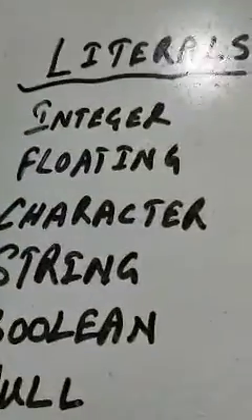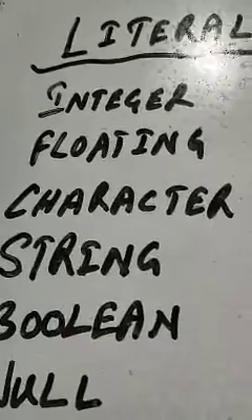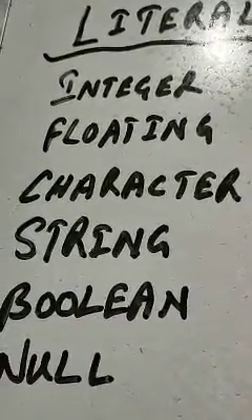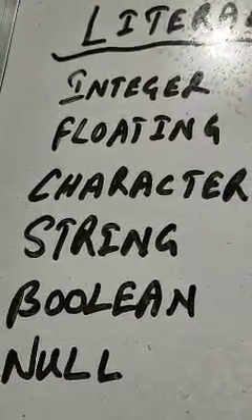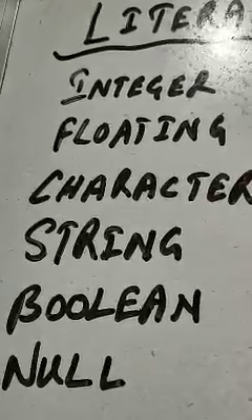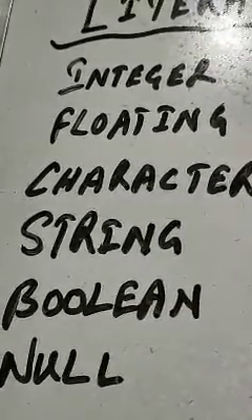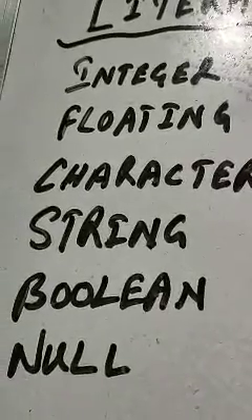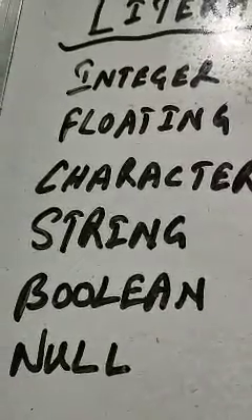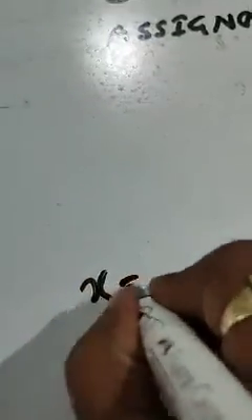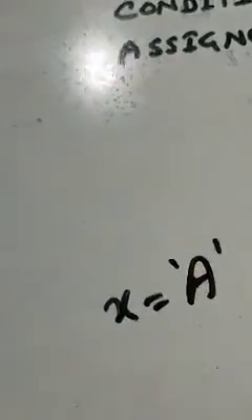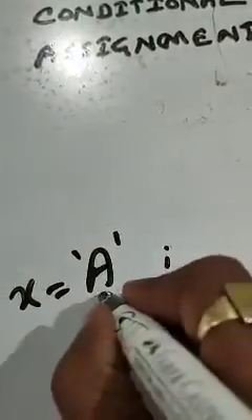Then we have character. A character literal refers to an alphabet or a digit or any symbol, which is singular, within single inverted comma. For example, if I write x equals 'a', it's an alphabet, so this is a character. 'a' is a character.